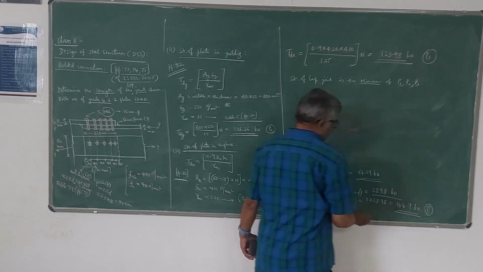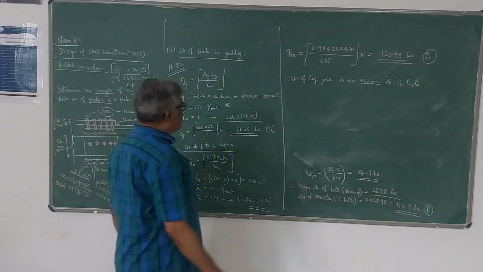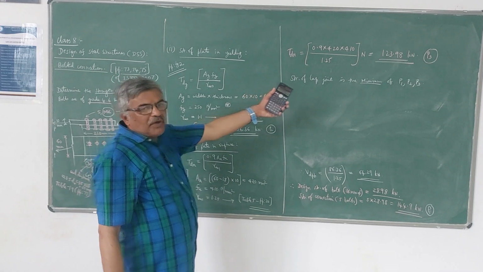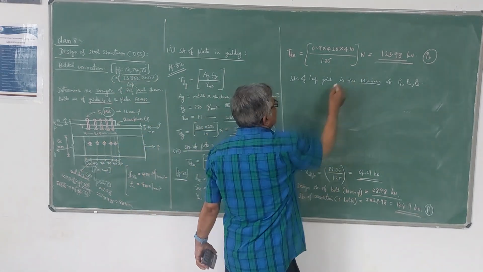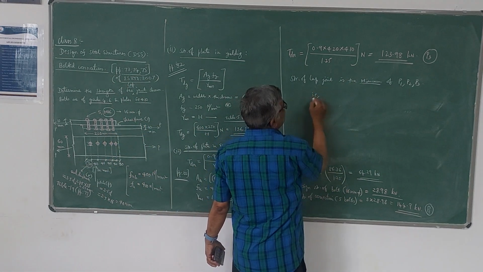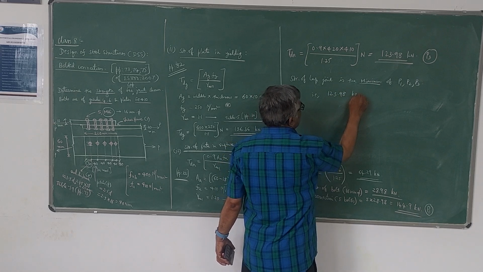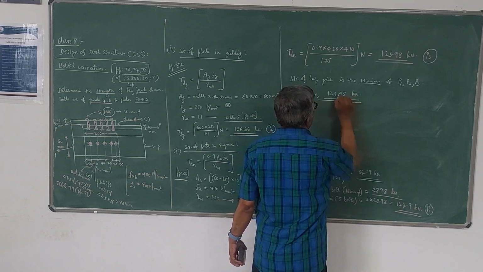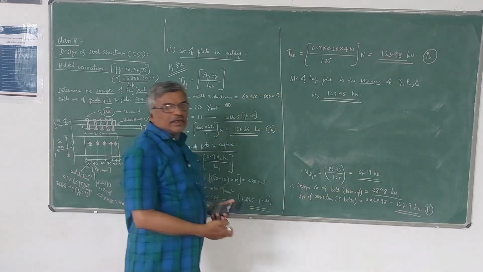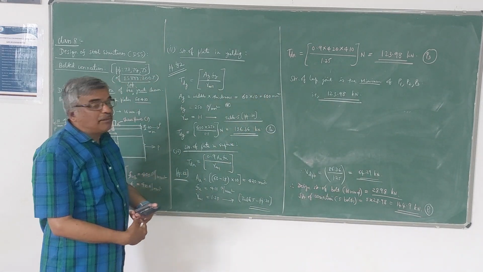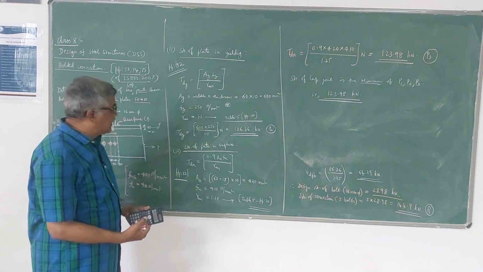Among these three, 144.9, 136.36 and 123.98, the least is P3, therefore it is 123.98 kilonewton. So this is how we have to compute the strength of a lap joint with bolted connection.